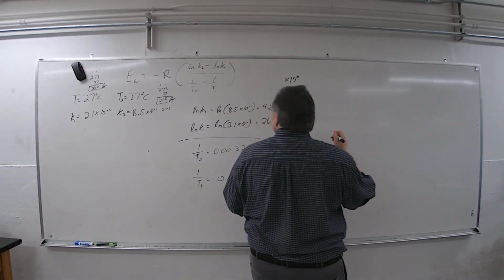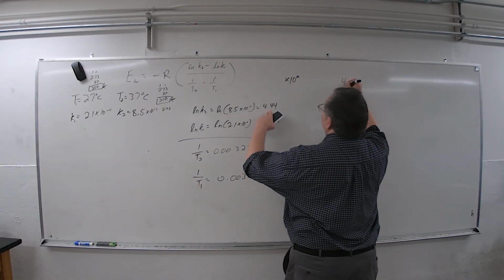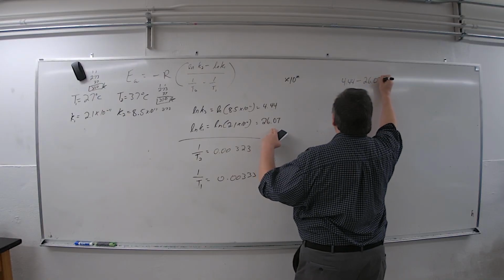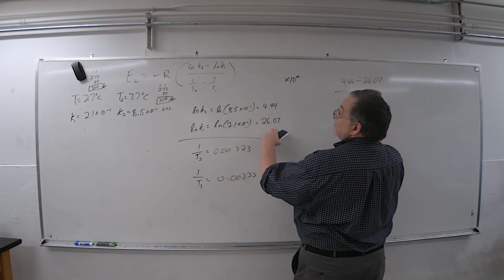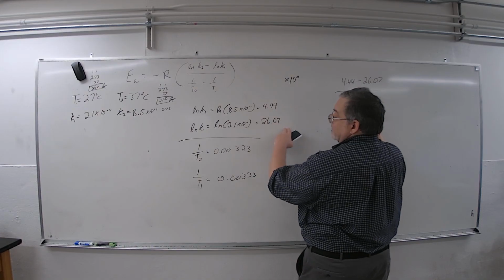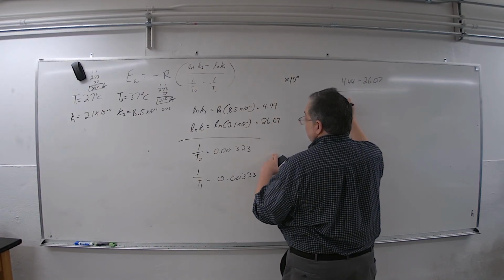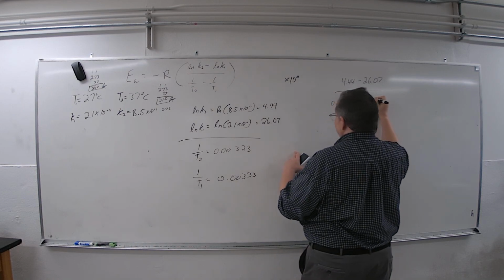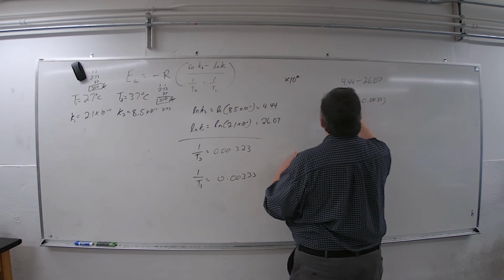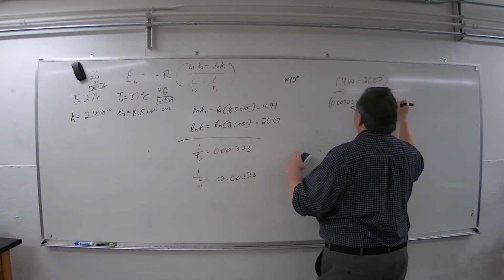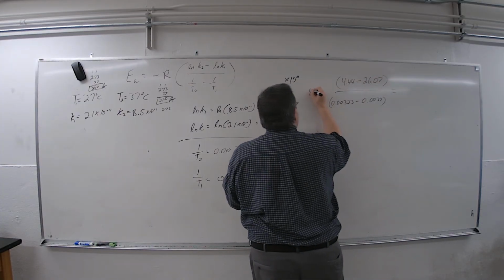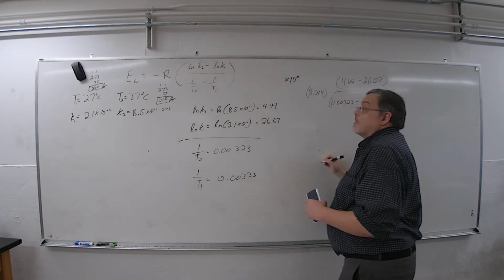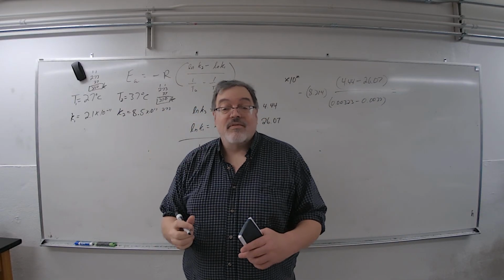So now I'm going to set it up as 4.44 minus 26.07. K2 is K1. T2. We've got to do 8.314 negative using this formula, and that should solve for EA.